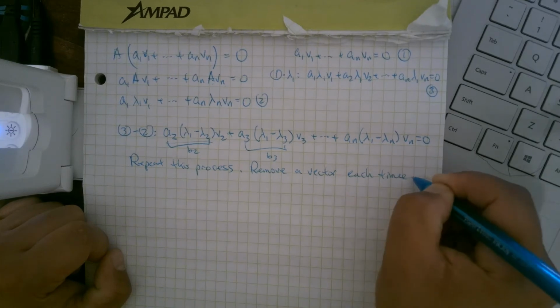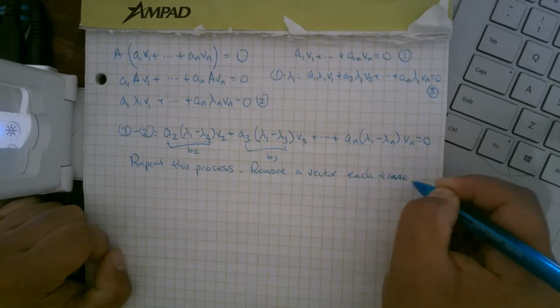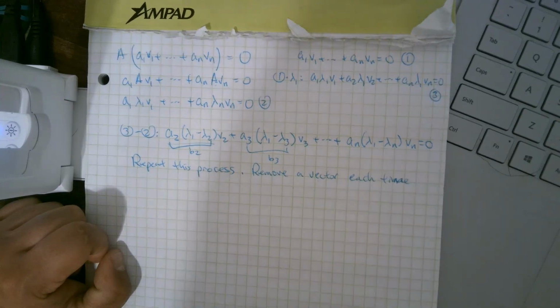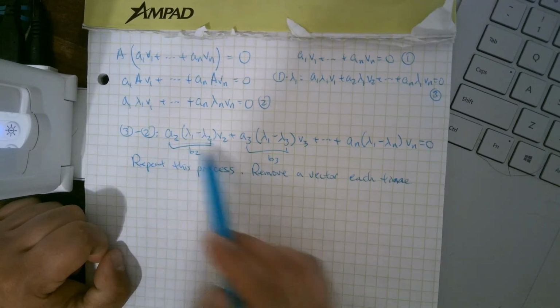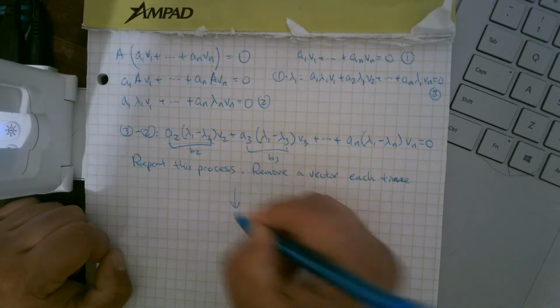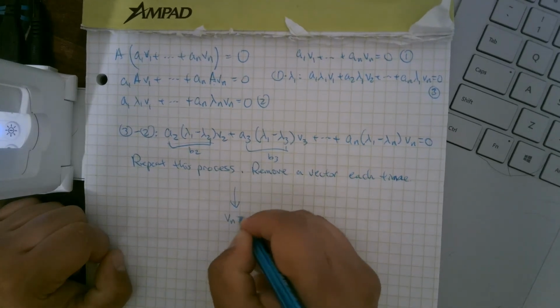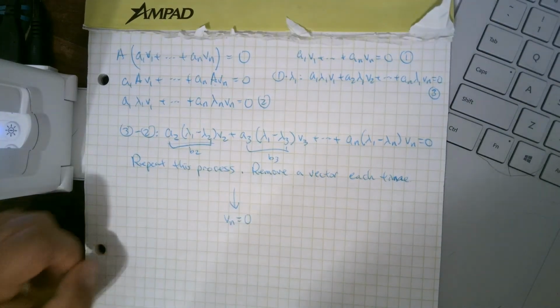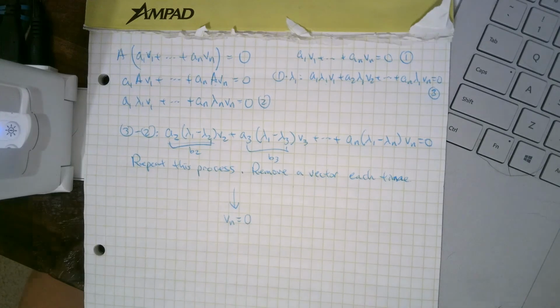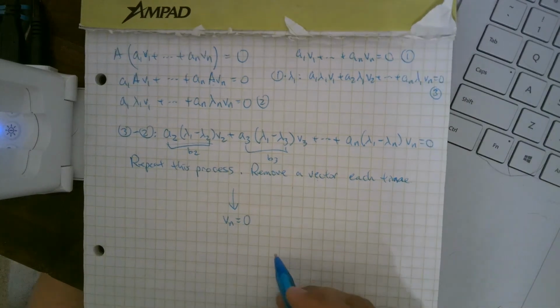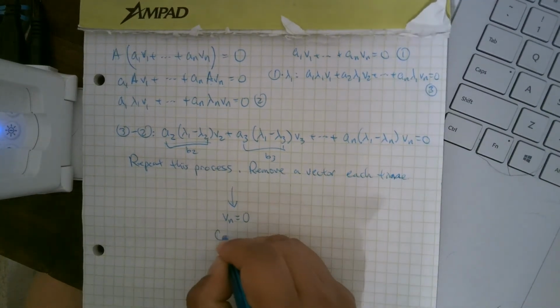And eventually, if we do it removing from the front, we'll get vn by itself. Eventually, we're going to be forced to say that vn equals 0, which is not true, because at the beginning we assumed that all the eigenvectors were not 0. Okay, so that's a contradiction.